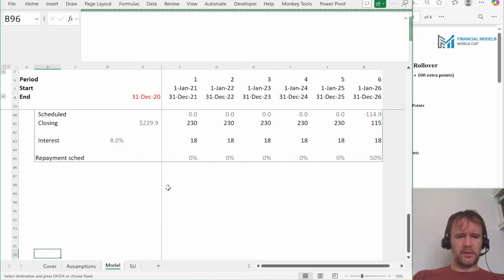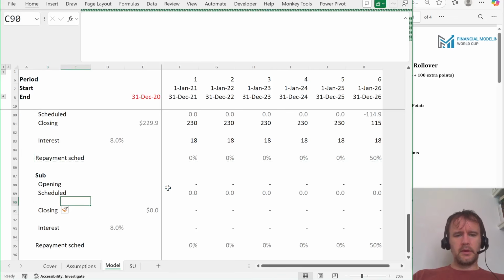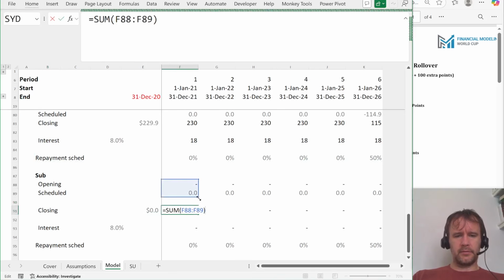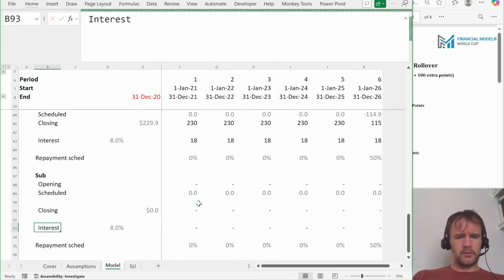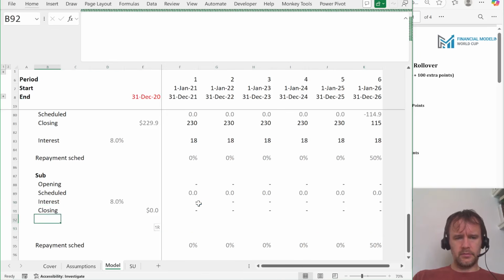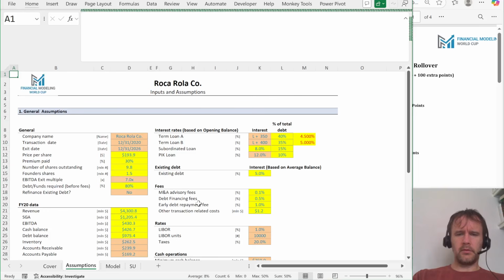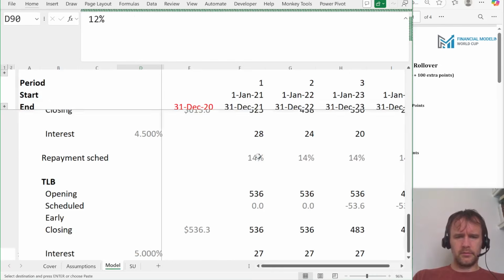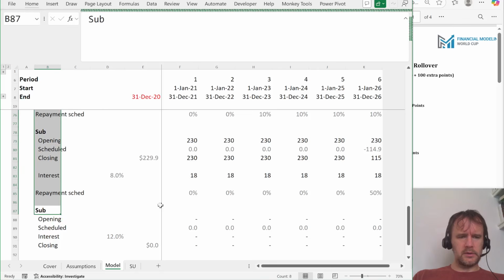And then finally the PIK. Now the PIK is a payment in kind loan, which means that the debt is going to be added to the balance. So we'll just take this, put it up here. And then let's get everything in. So we need the interest, which is here. Sorry, this says sub, but I mean PIK.